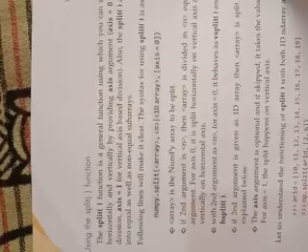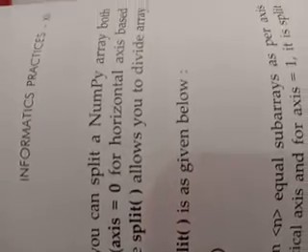So how does it work? It allows you to divide an array into equal as well as non-equal subarrays. Means by using this you can divide the array in equal or non-equal manner also.